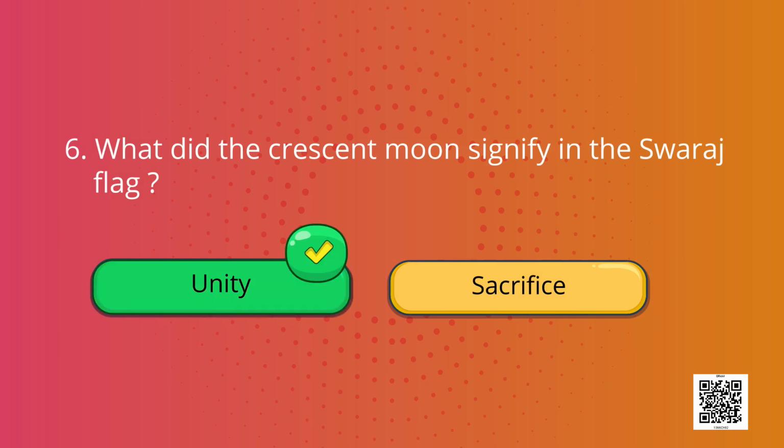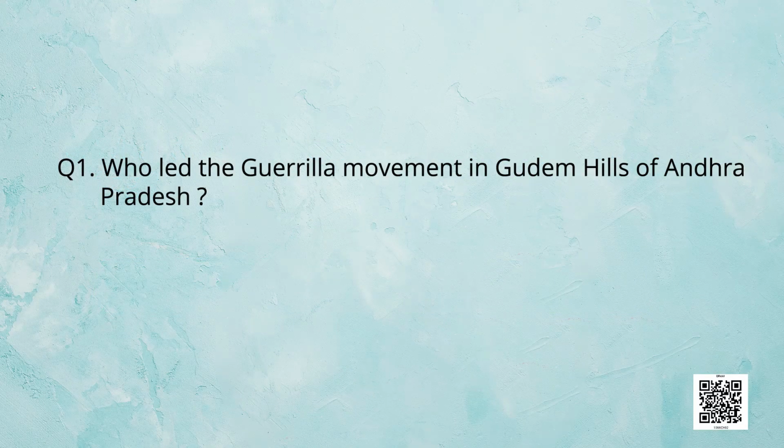Now let's move further and answer some more questions in one or two words. The first question is, who led the guerrilla movement in Gudem Hills of Andhra Pradesh? The answer is Alluri Sitaram Raju.